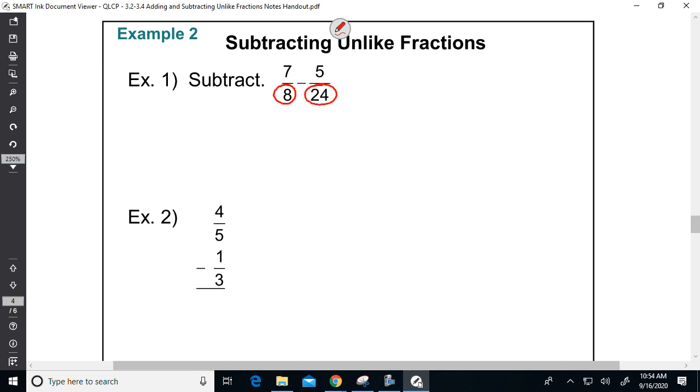Is there anything times 8 that will give me 24? 3. So 7 over 8, we're going to multiply times 3. 21 over 24.